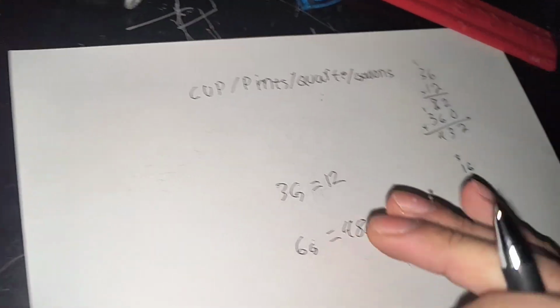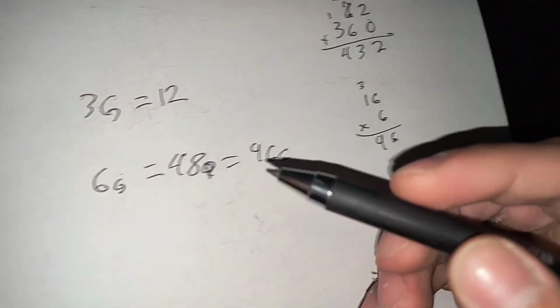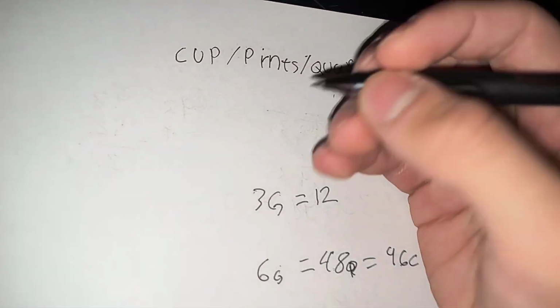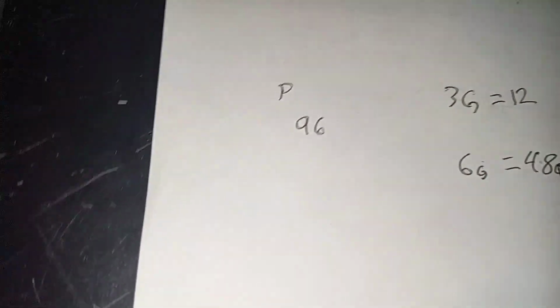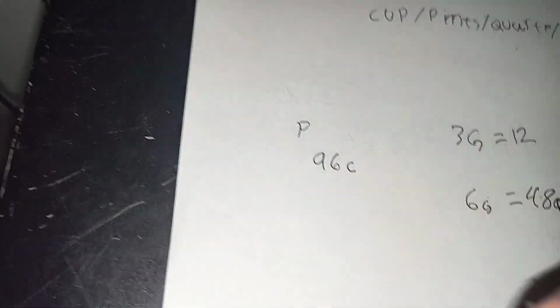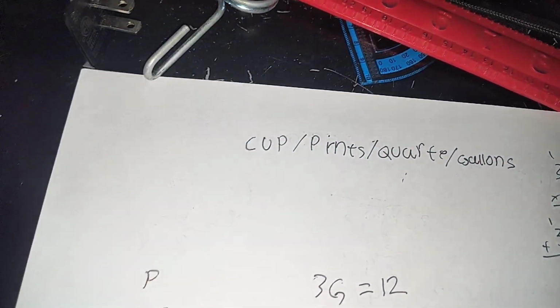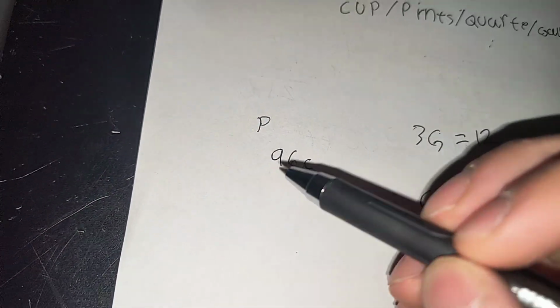What if we wanted to turn 96 cups into gallons, if let's say we didn't know how many gallons 96 cups of milk is. And that's a P. We wanted to know how many gallons is 96 cups. Well, since we know that it takes 16 cups to make 1 gallon, we can divide 96 by 16.